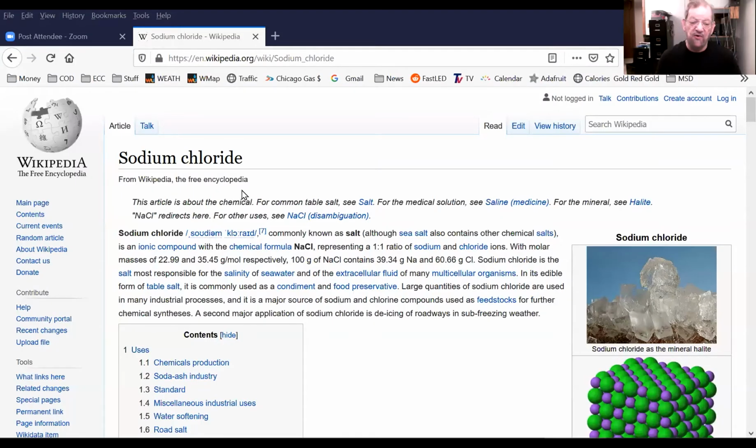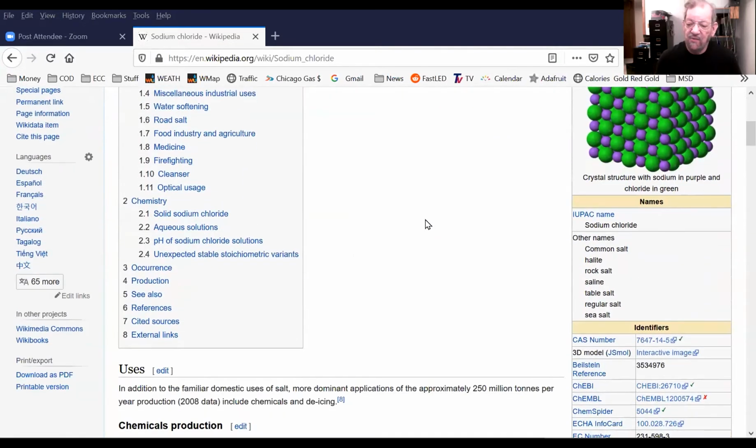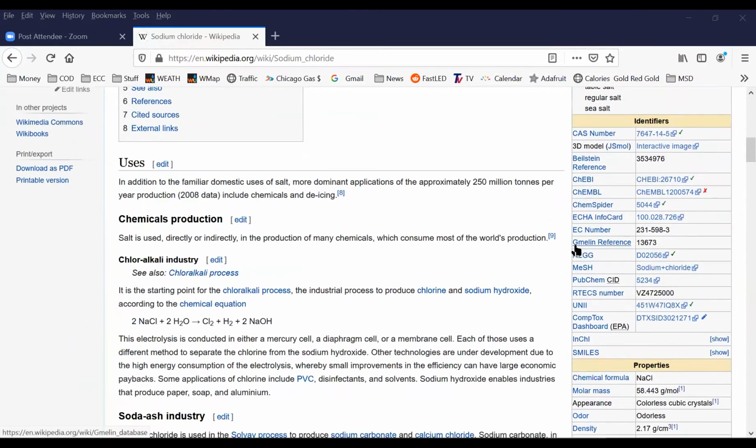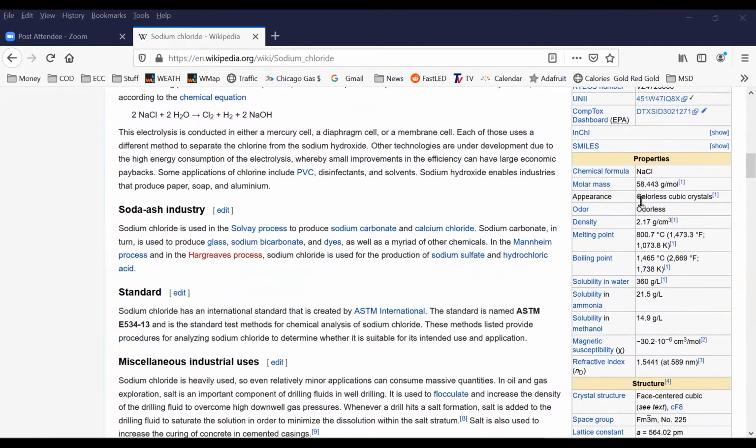And let's go to the Wikipedia entry for sodium chloride, NaCl, which is an ionic compound. And Wikipedia has it set up that if you scroll on the right, you see certain physical properties.